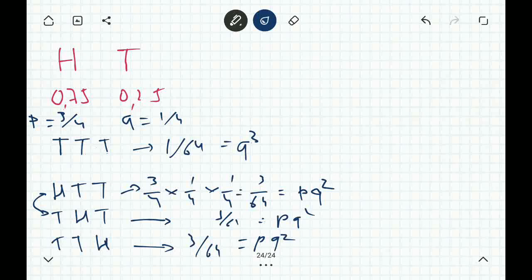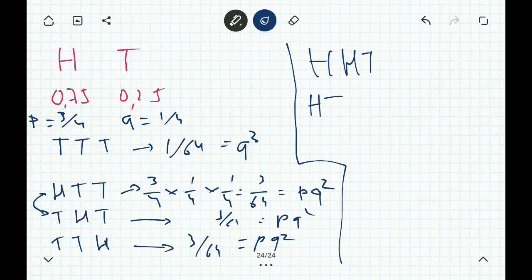So probably you already know what will happen if we move to two heads. So either this or this or this. We will have two 3/4s and only one 1/4.